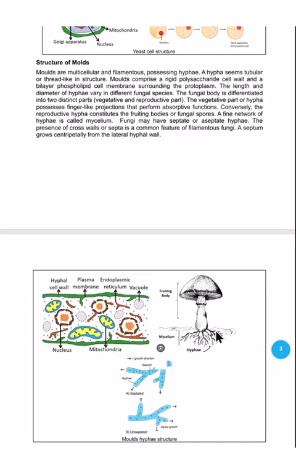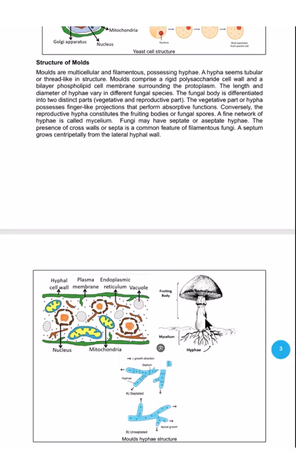It is found within the medium where they live, and this hyphae has what we call a network. They have small absorptive functions, and these help in the absorption of food for the fungus.